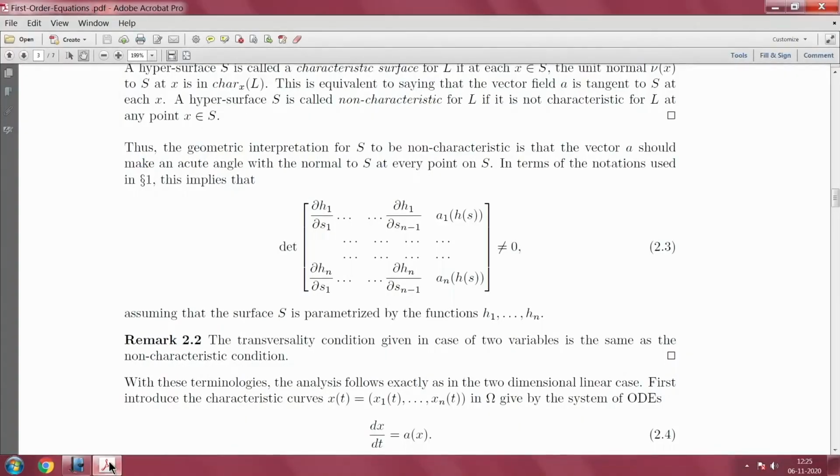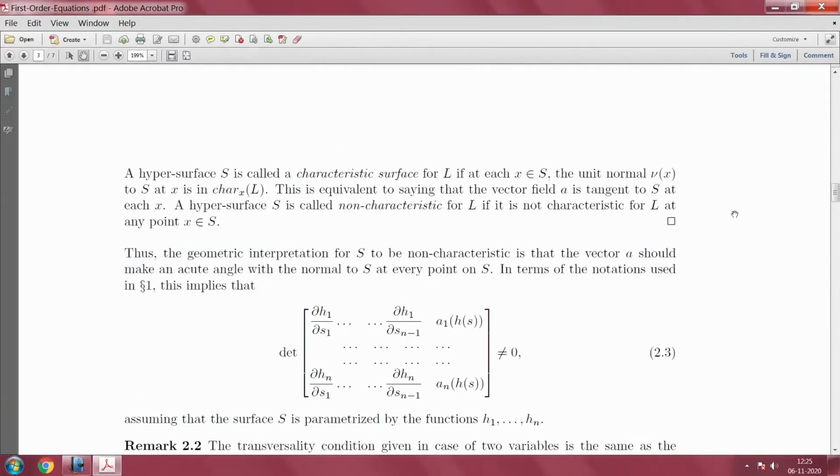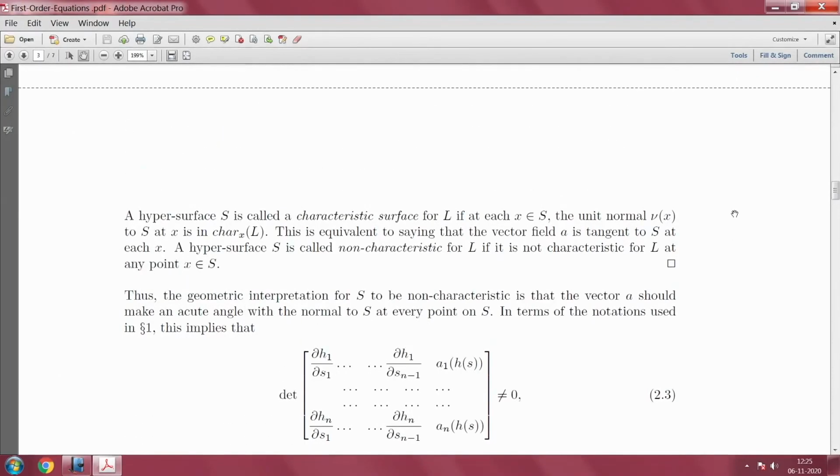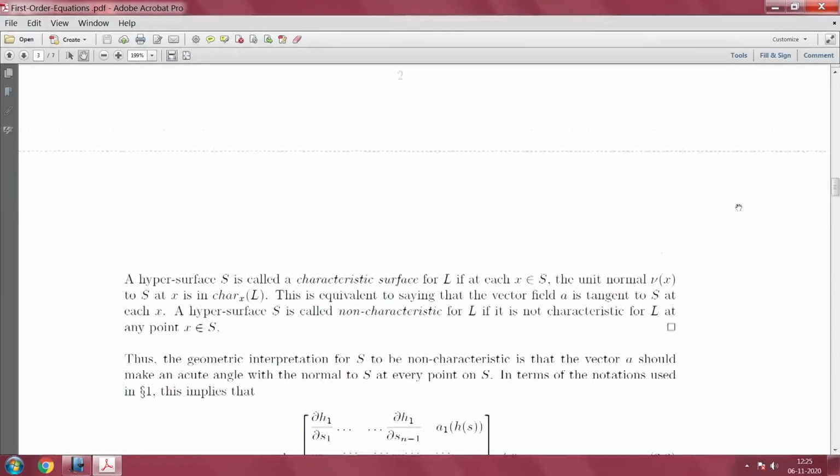So, before taking up the Cauchy linear case, let me just show you some slides. Here I have collected all the things I said about the linear case.